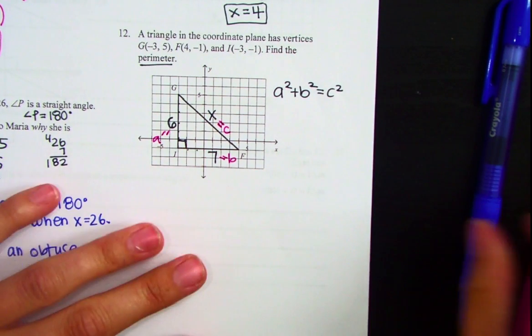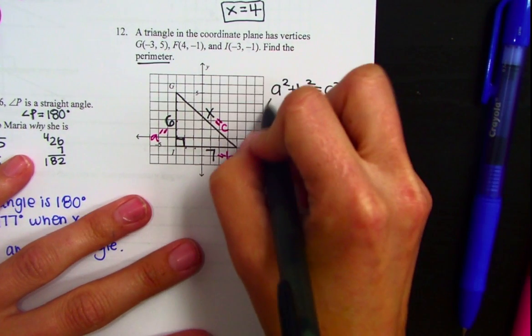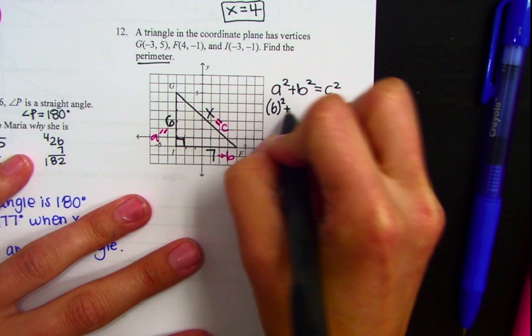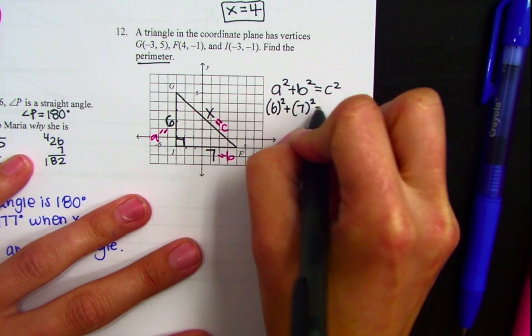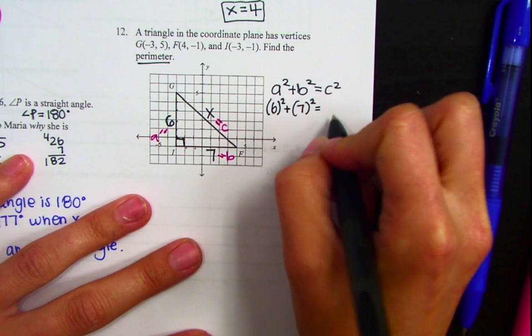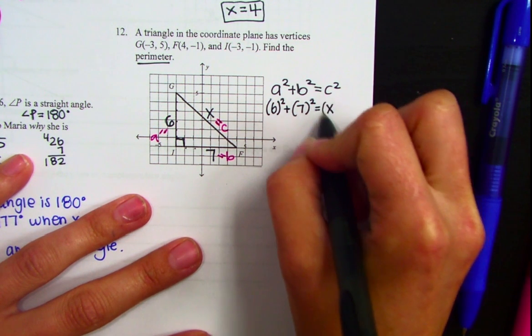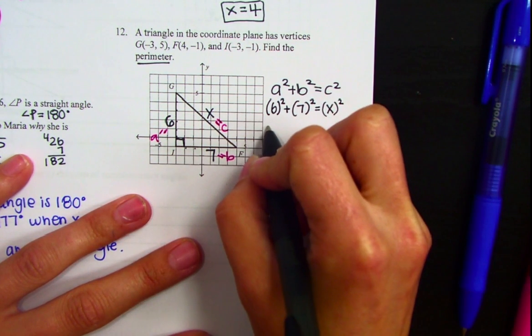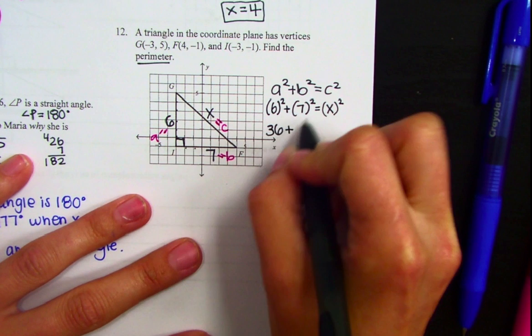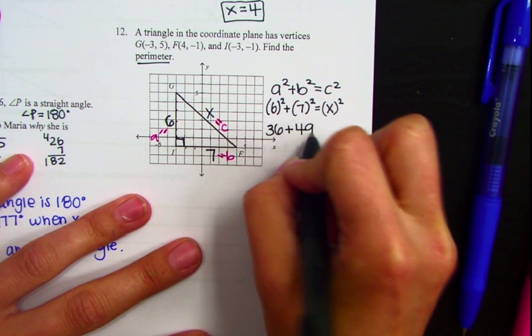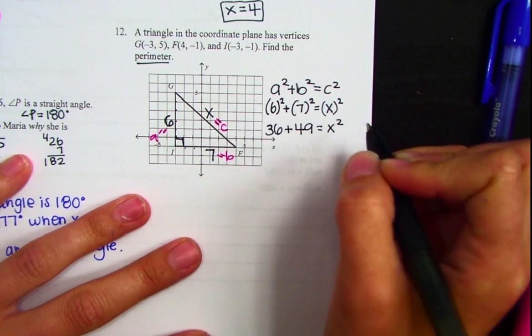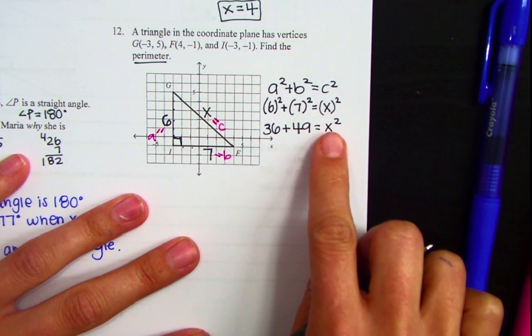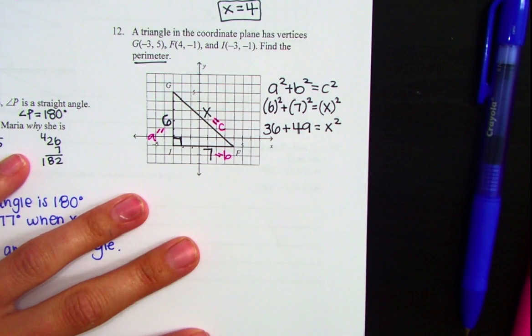So I'm going to plug that into my formula. I got 6 squared plus 7 squared is equal to x squared. So I get 6 times 6 is 36, plus 7 times 7 is 49, still equal to x squared. And again, you guys, I'm solving for x so that I could find that missing side.